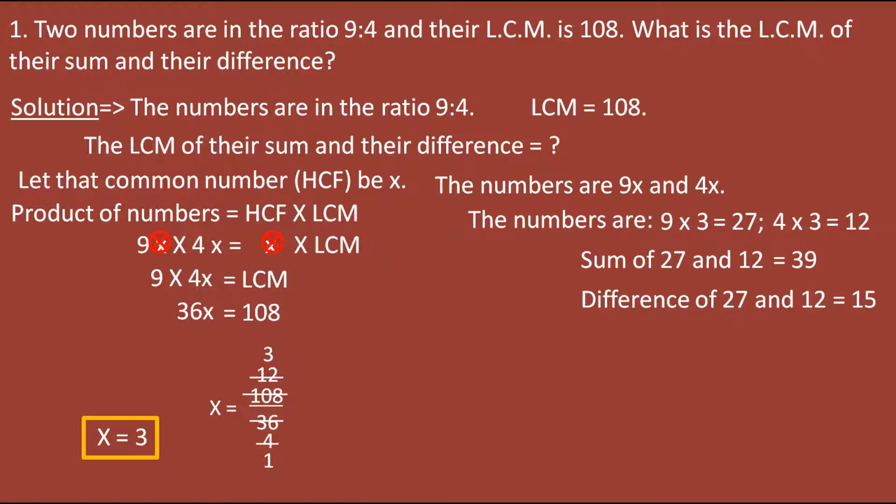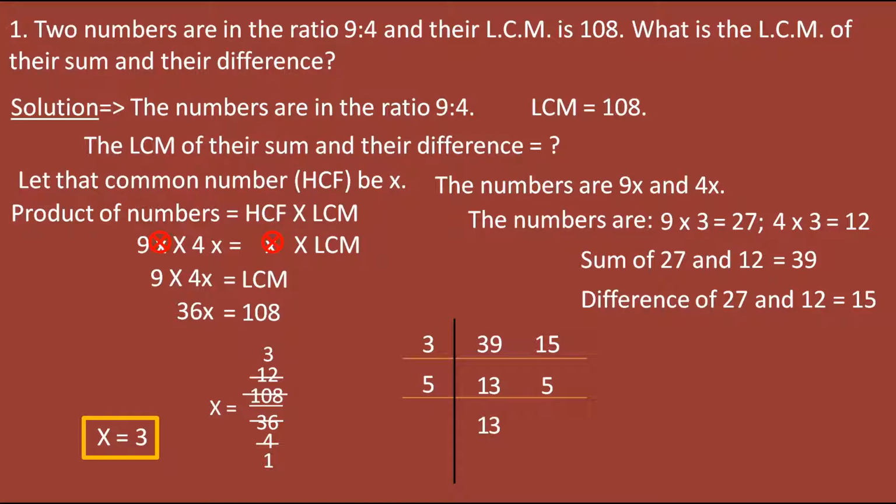So let's find the LCM of 39 and 15. As both numbers are multiples of 3, let's take 3. 3 1s are 3, 3 13s are 39, and 3 5s are 15. Now let's take 5. 13 will remain as it is.